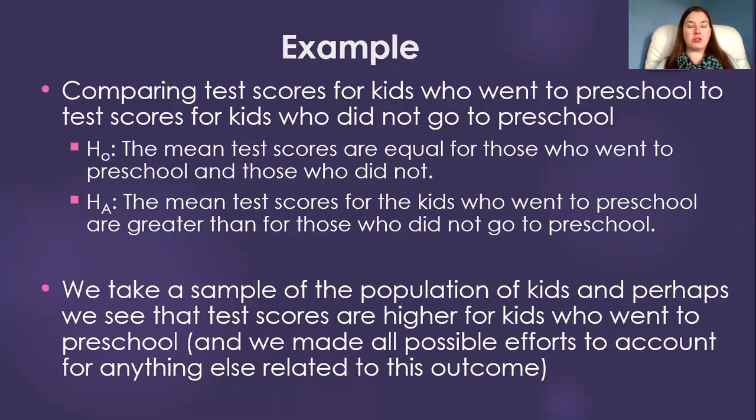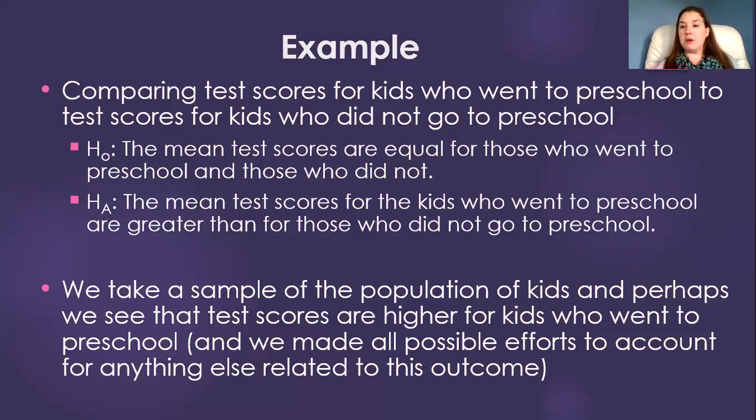And so if we were actually going to do this as a study, we would take a sample of the population of kids and see that test scores are perhaps higher for kids in our sample who went to preschool, and we would try to set aside anything else that might influence test scores, right? So we're making sure we're drawing a sample of kids who went to preschool and who didn't, and they're similar in every other way.